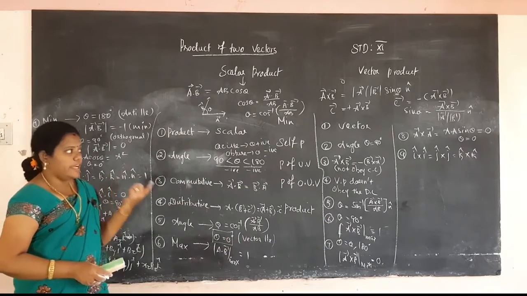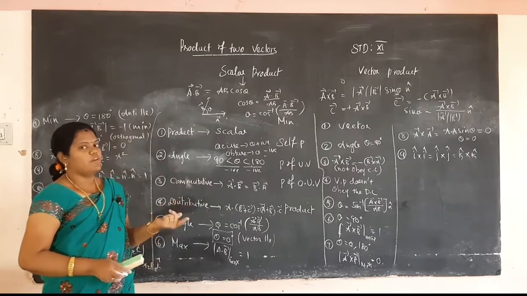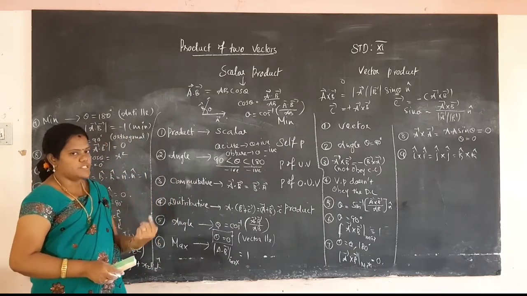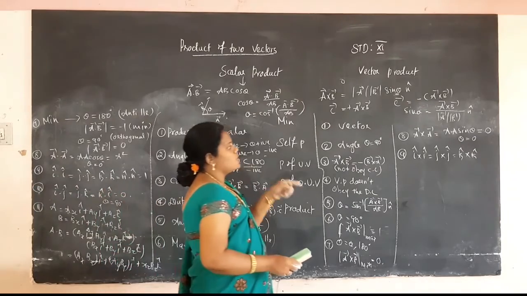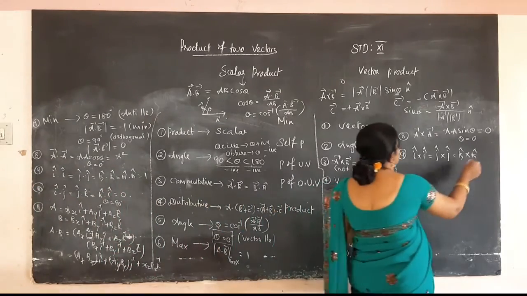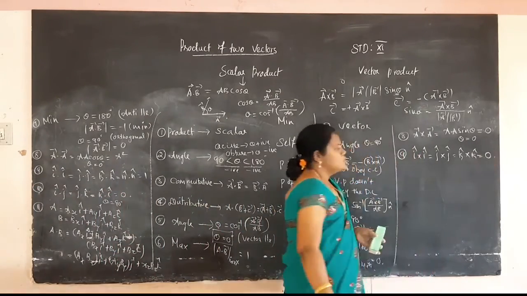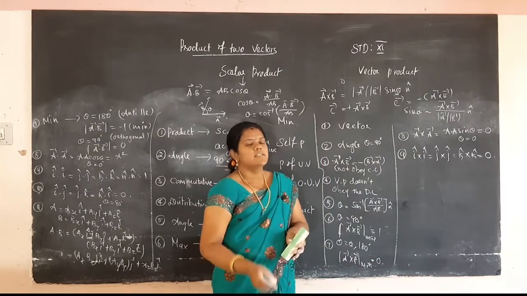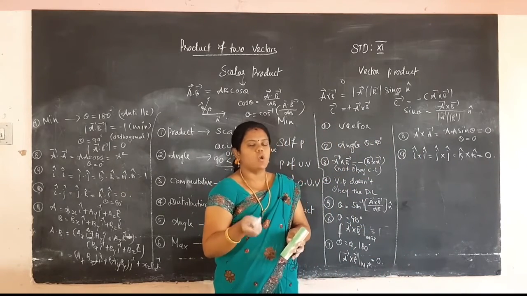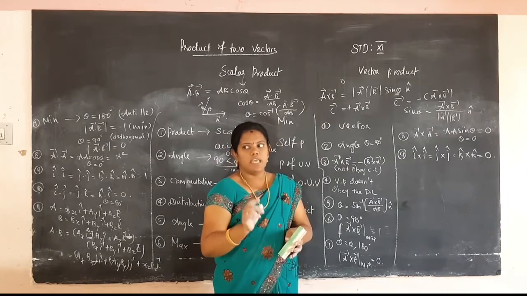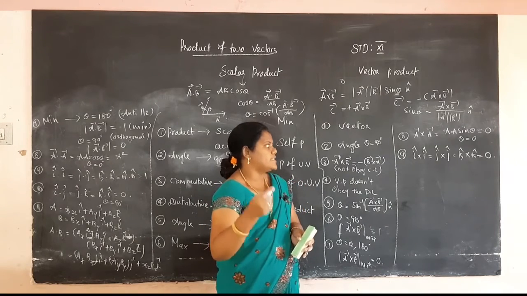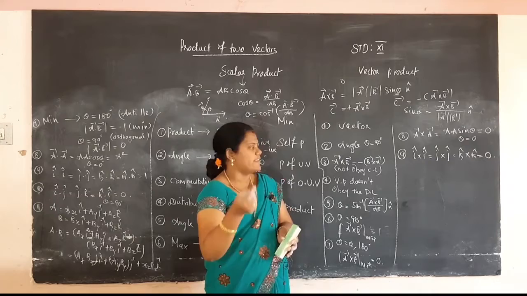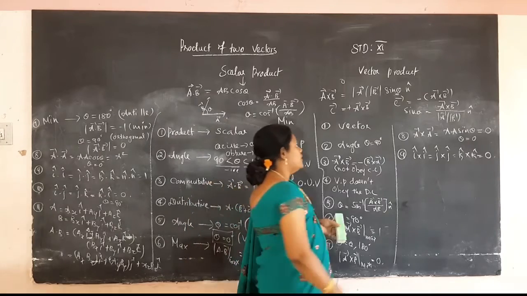But already I told, vector product of the same vector will be giving 0. So I cross I, J cross J, K cross K it will be equal to 0. So in the vector product of two vectors, the product of unit vectors along with their same unit vector, I cross I, J cross J, K cross K it will be equal to 0. Okay ma?